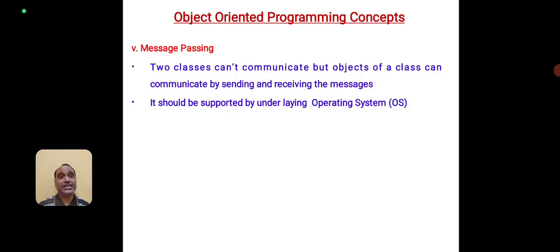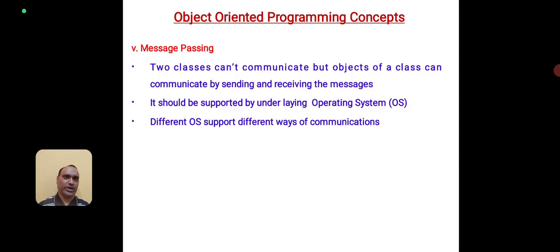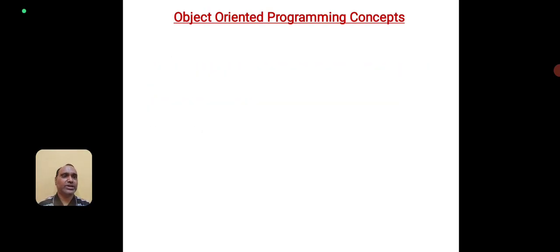But that message passing should be supported by the underlying operating system architecture. Different operating systems support different ways of communication among objects. If the underlying operating system supports that communication, then only can you develop programs in which objects communicate by sending and receiving messages. If the operating system does not support it, then it is very difficult to develop the program.